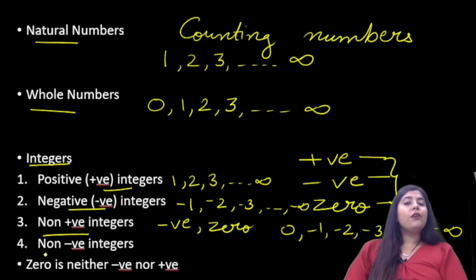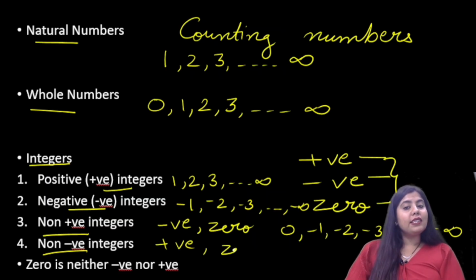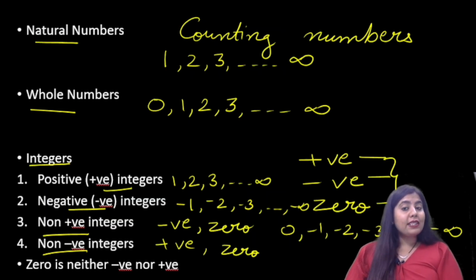The fourth one is non-negative integers. Non-negative integers means those integers, those numbers, which are not negative. Not negative means positive and 0. It means 0, 1, 2, 3 up to infinity.